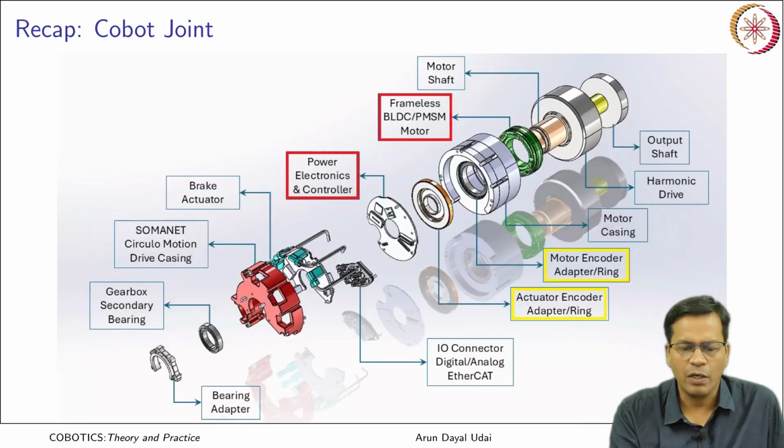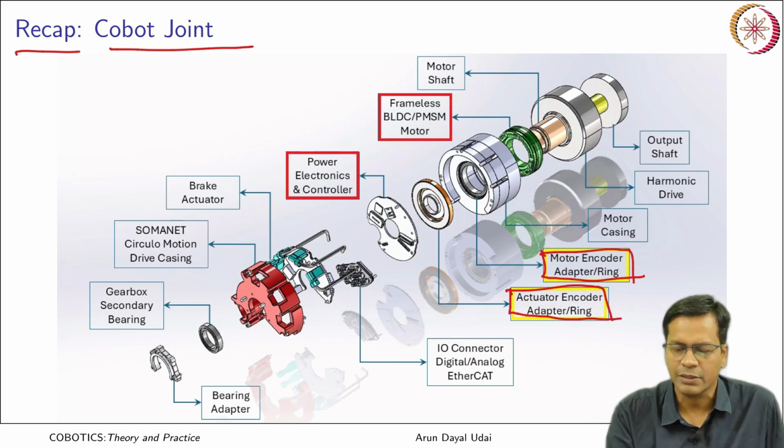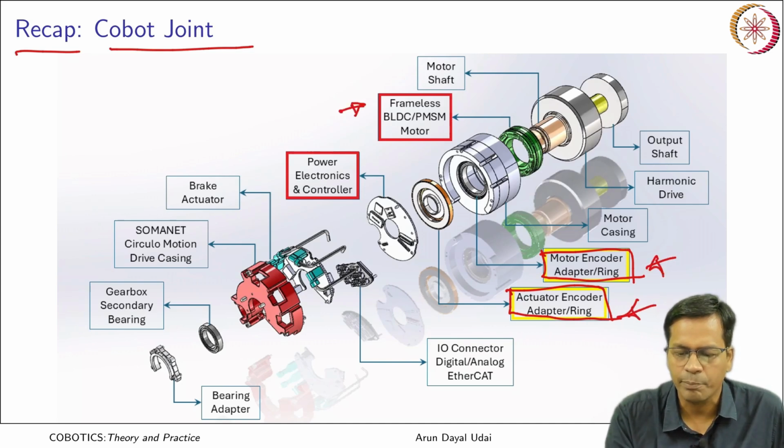Okay. So overall, let us just recap for the cobot joint, the actuator encoder ring which is here, these two will be discussing next in the next lecture, that is the sensors, okay, frameless, that is the BLDC motor or permanent magnet synchronous motor with the kind of electronics which goes in, okay.